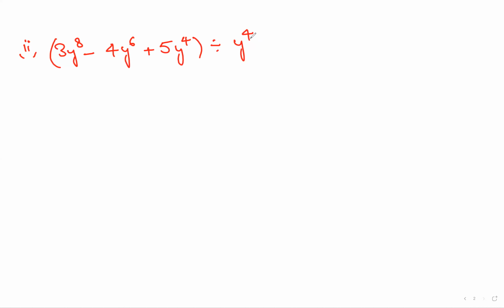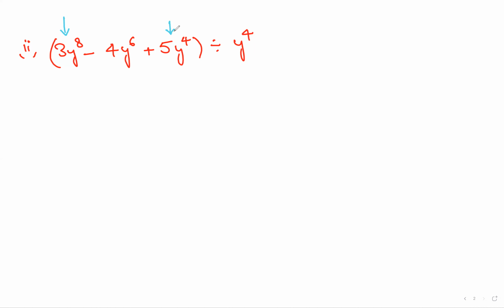Is it clear? Now let us see, is the first term in the numerator a perfect square? No. y to the power of 8, since the power is even, is a perfect square, but 3 is not a perfect square, and here also 5 is not a perfect square.